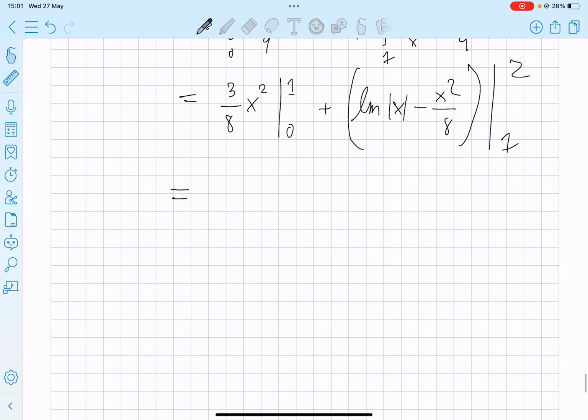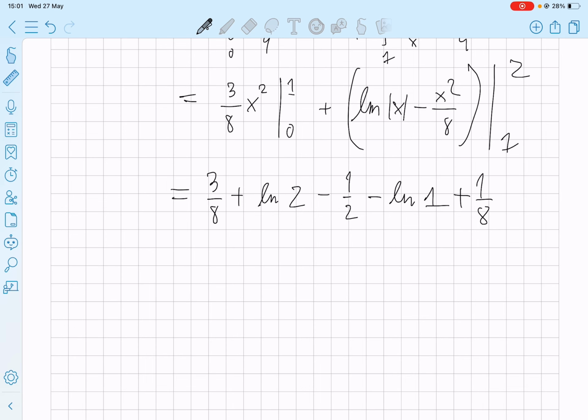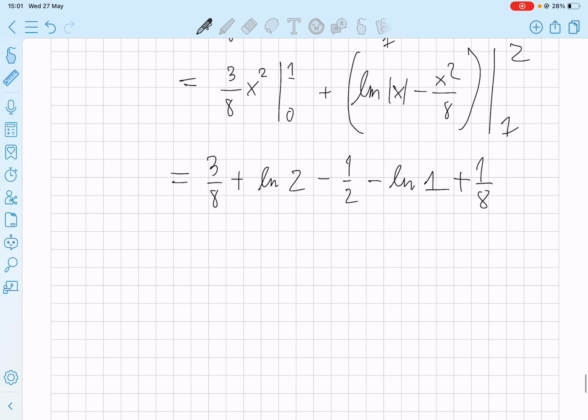And this will equal to 3 over 8 plus natural log of 2 minus 1/2 minus natural log of 1 plus 1 over 8. So this part will equal to 0, and this also equals 0, so the final answer is natural log of 2.